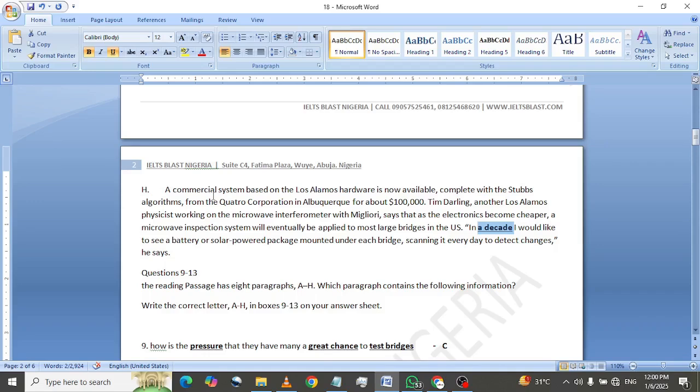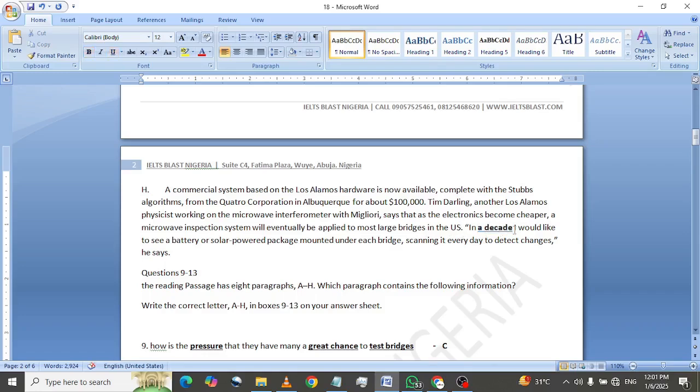Tim Daly, another Los Alamos physicist who worked on the microwave interferometer with McGlory, says that as the electronics become cheaper, a microwave inspection system will eventually be applied to most large bridges in the US.